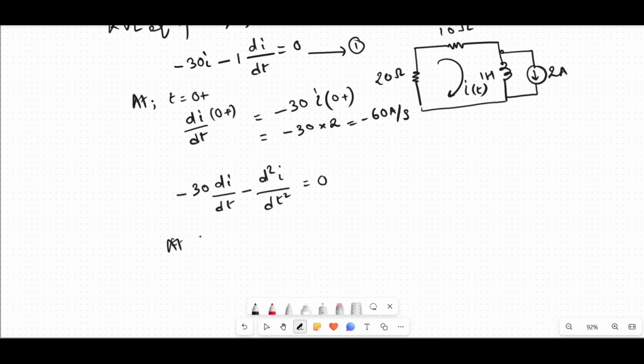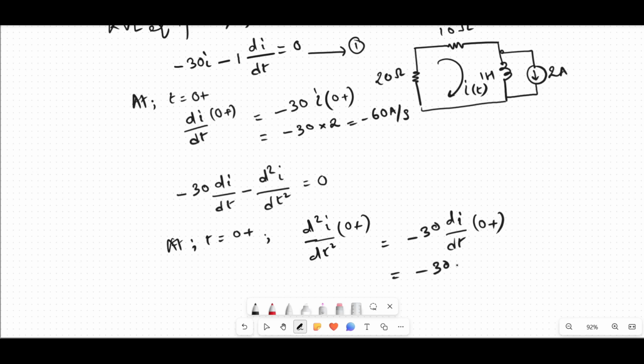Now at t equals 0 plus, d2i/dt2 at 0 plus equals minus 30 di/dt at 0 plus, which is minus 30 into minus 60, so the answer will be 1800 ampere per second squared, right?